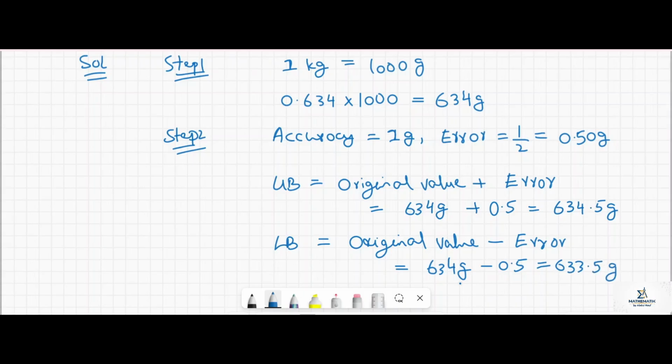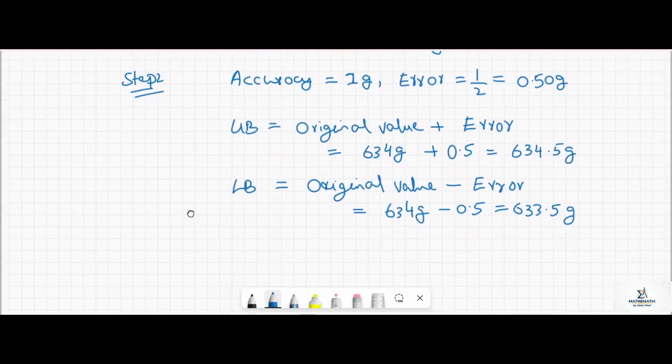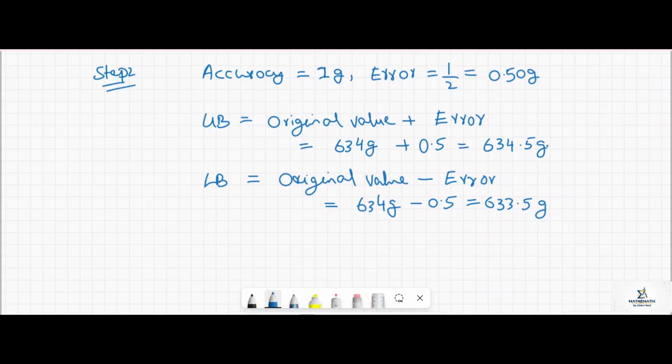But we want our answer in a kg. So convert this into a kg. 634.5 divided by 1000, you will get 0.6345.